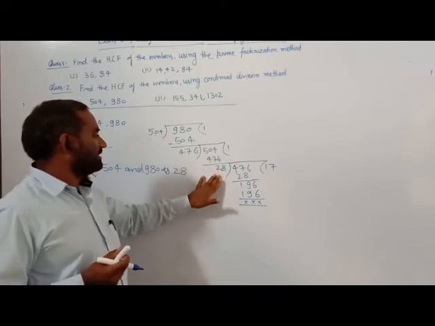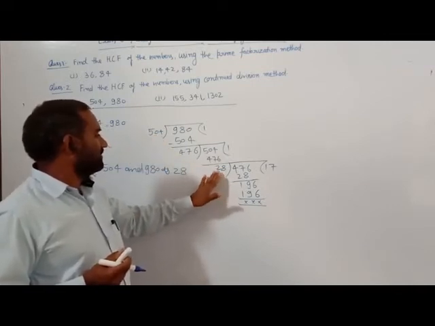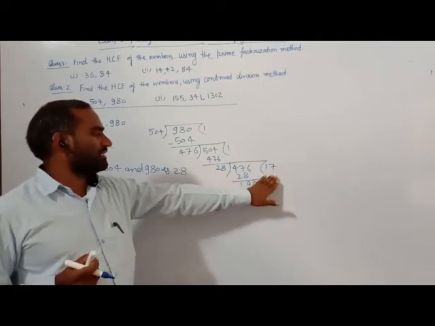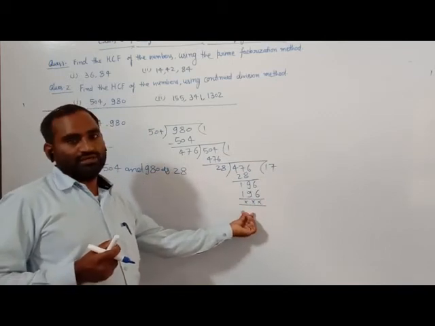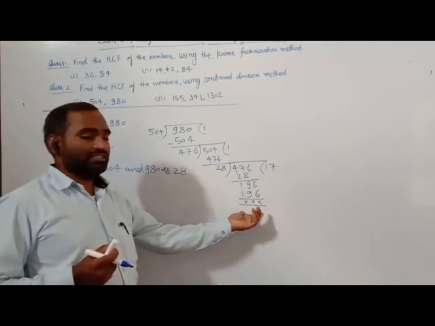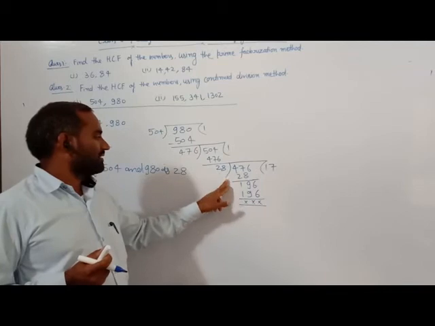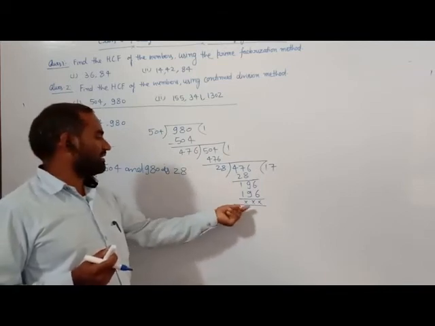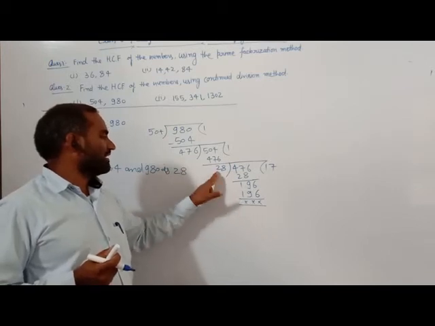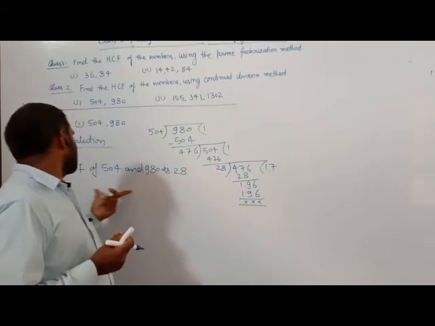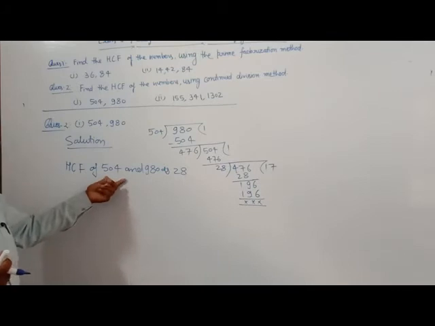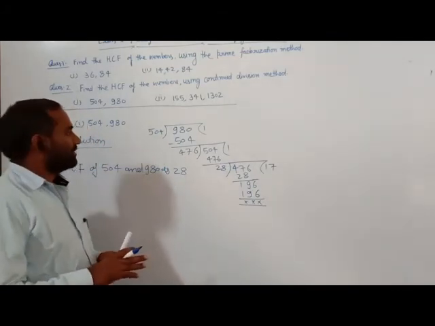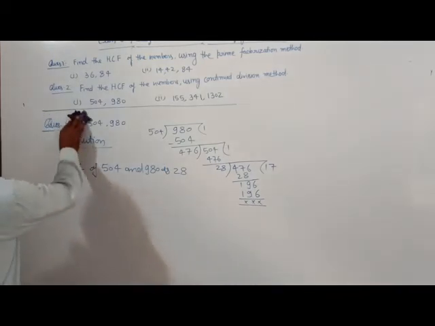When the remainder is 28, we divide the previous remainder by 28. After dividing by 28, we get 0 remainder. When we get 0 remainder, the previous remainder is called the HCF. So the previous remainder is 28. So the HCF of 504 and 980 is 28. In this way, you can get the HCF.